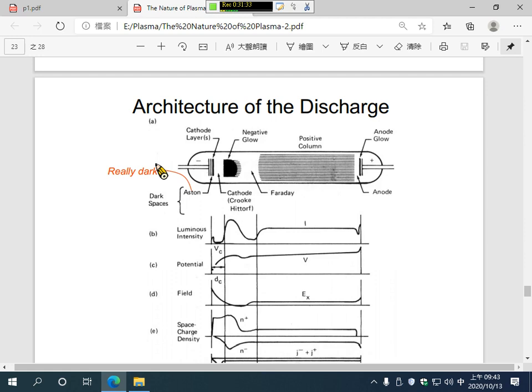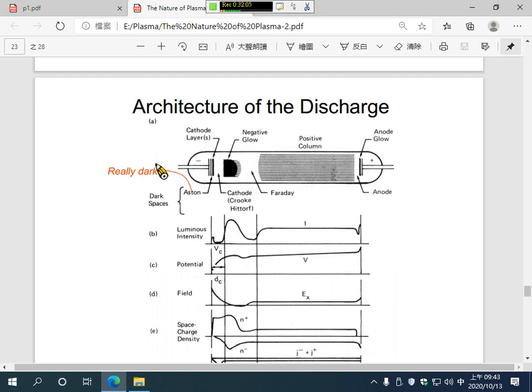If you operate the system at a pressure of 0.01 torr, which is 10 millitorr. Okay. So if you design a system, you must be aware of this part. Okay. So later on in the chapter of the DC glow discharge, we can see this again.